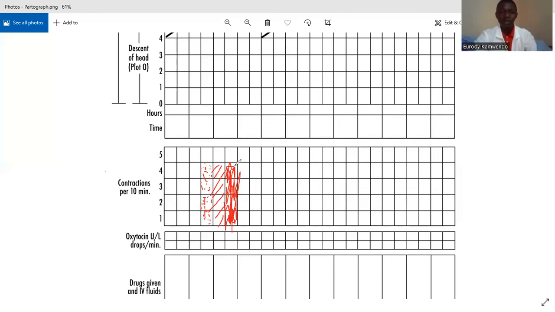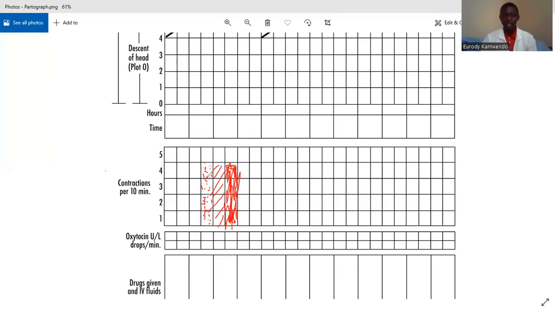When you shade, it means each of the 4 contractions you felt lasted more than 40 seconds. If you use lines, it means the contractions were between 20 and 40 seconds. If you use dots, it means the contractions were less than 20 seconds each.